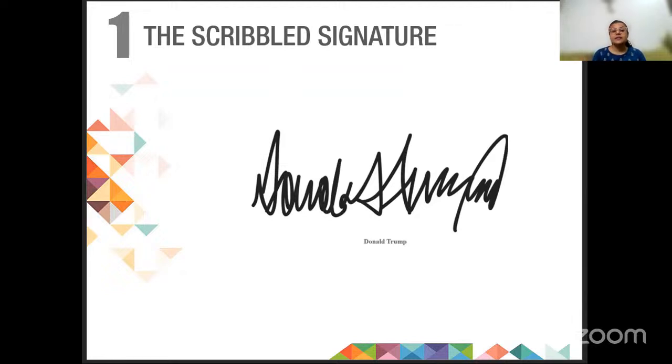These persons are always in a hurry. They want things done as fast as possible, so when they write, their hand does not coordinate nicely with their brain. You want to do it as soon as possible, so you just scribble it. People with this type of signature are in a rush and careless with details.